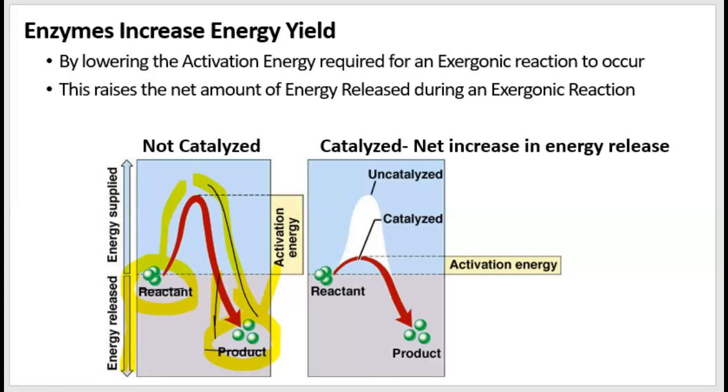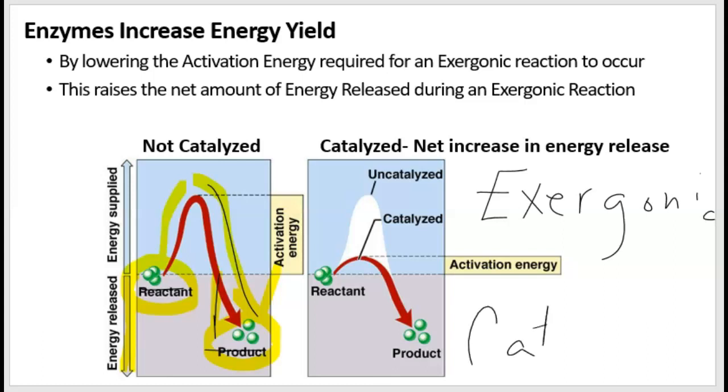So that's typically how it works without an enzyme, and this is for exergonic, catabolic reactions. You still have to put a little bit of energy in. You have to supply a little bit. It's called activation energy. Now, when there is an enzyme present, we say that the reaction is catalyzed.